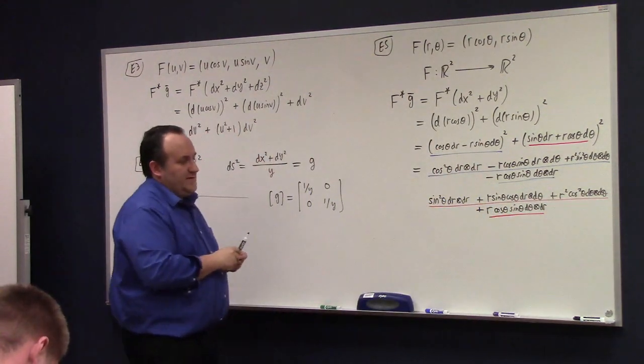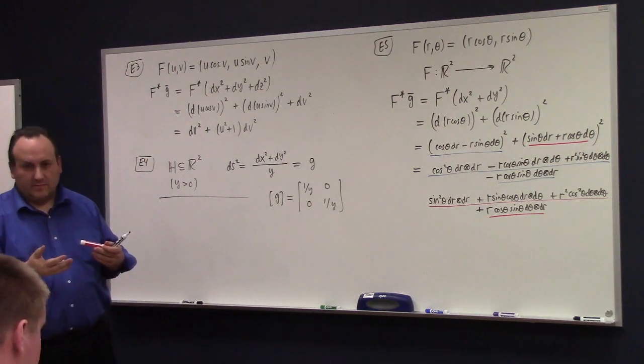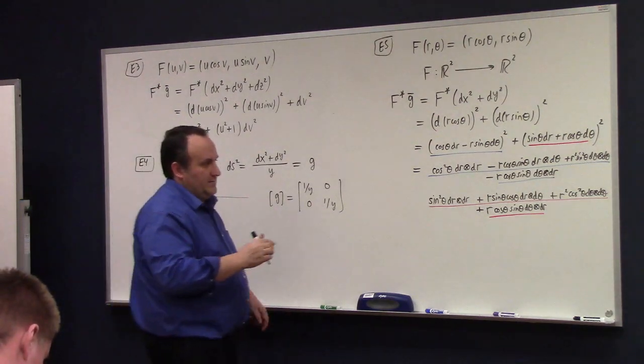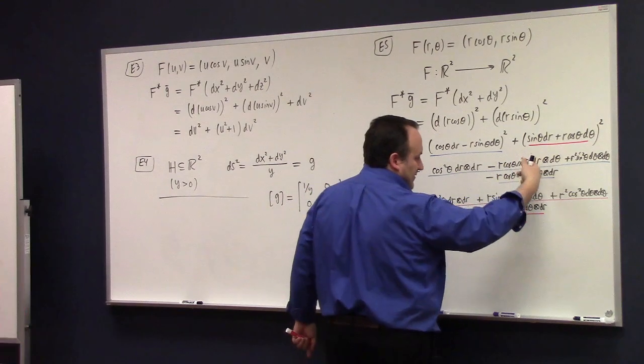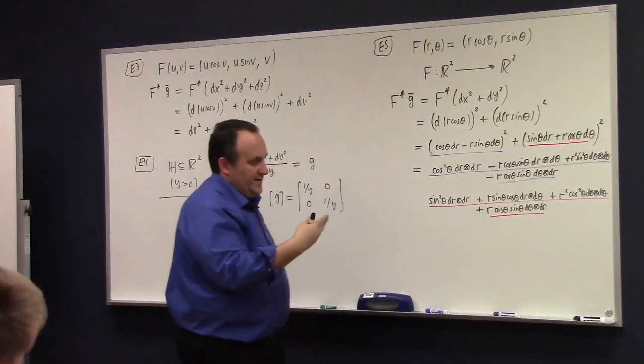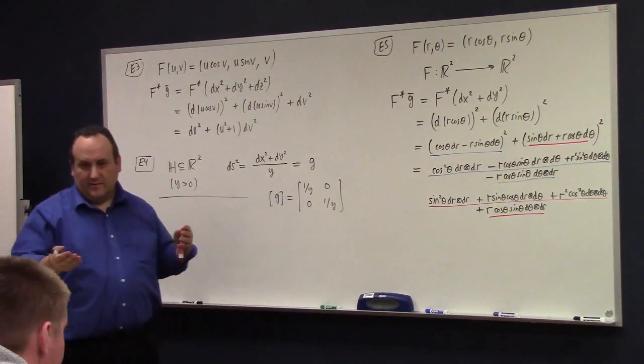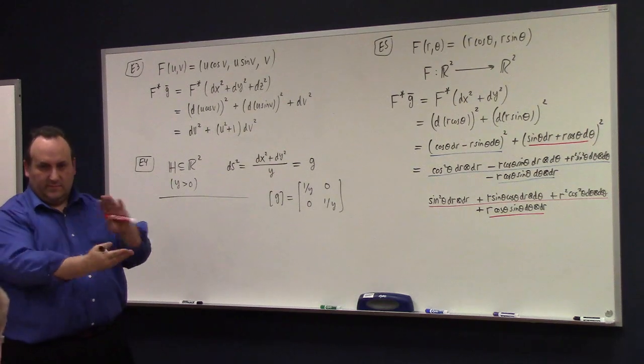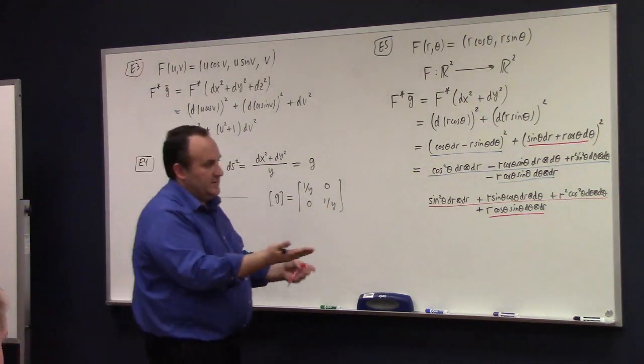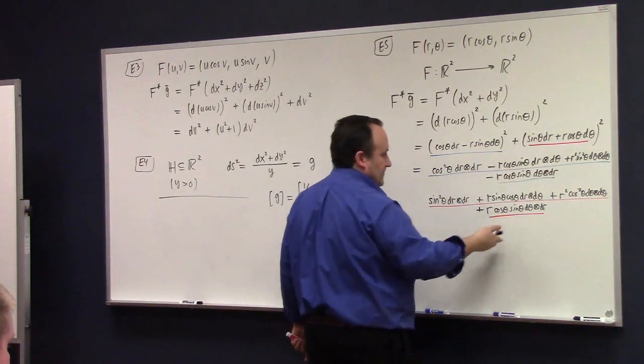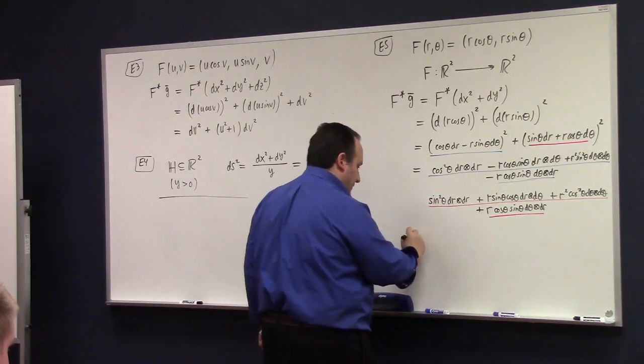But you can see what happens is that the cross terms cancel. The mixed terms, the dr d theta and the d theta dr, cancel, and we're just left with sine squared plus cosine squared.